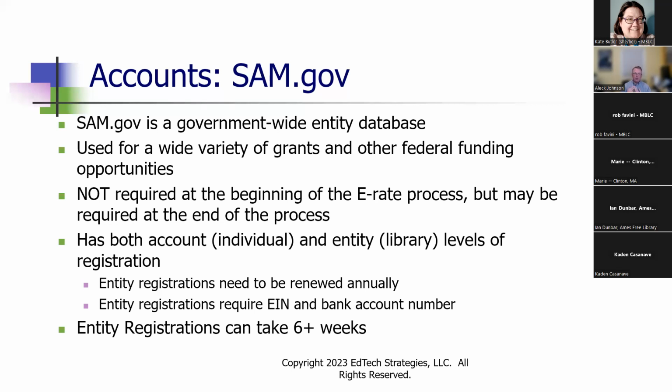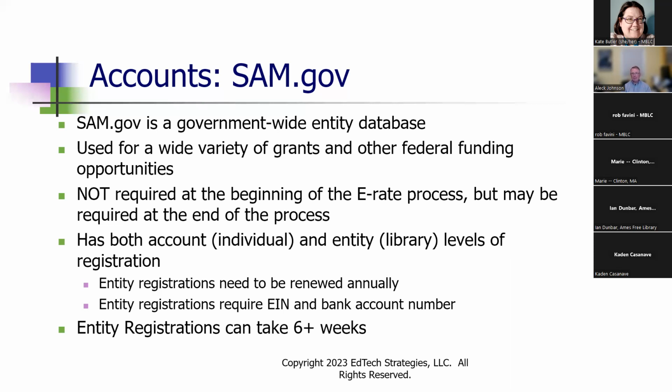Critical to this process, when you sign up for an account on SAM.gov, the individual account happens almost instantaneously. The entity account, where they verify that you are the library that you say you are, and that the information you provided for your library, that registration can take 6 weeks or more for them to process.